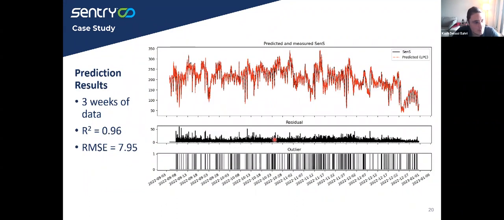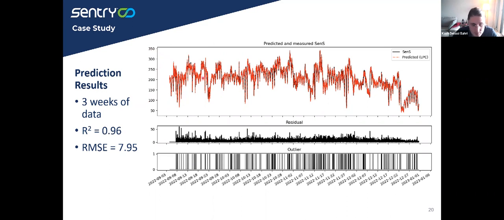And here are the prediction results of model 1. For the window size, we used 3 weeks of data, and the R-square of the model is 0.96, and our RMSE is 7.95, which is acceptable based on the range of the signal.